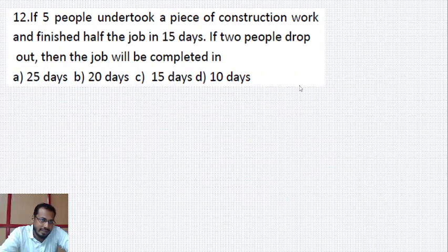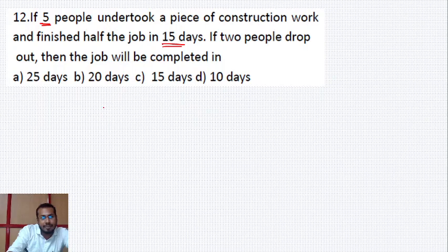Let's move to the next question. 12. If 5 people undertook a piece of construction work and finished half the job in 15 days, if 2 people drop out, then the job will be completed in how many days? This is the question. Look at this. 5 people undertook a piece of construction work and finished half of the job in 15 days.